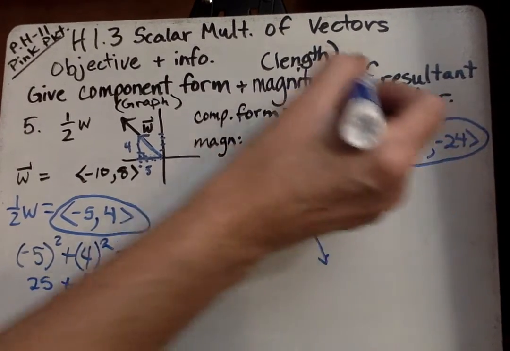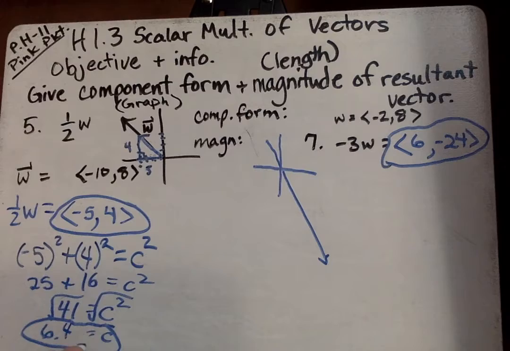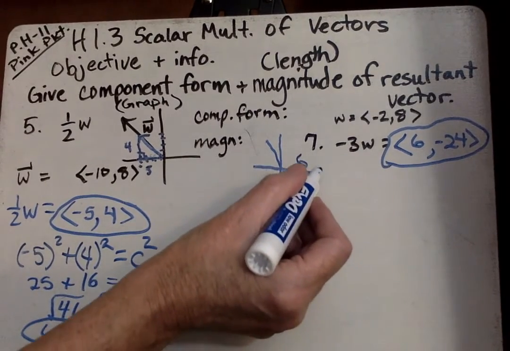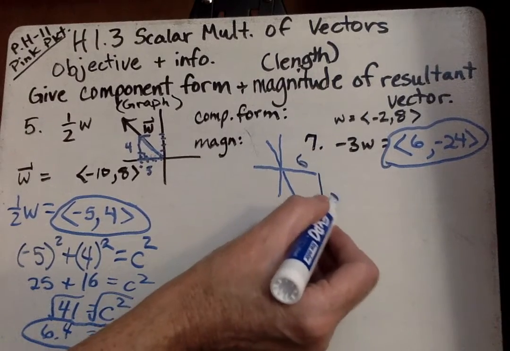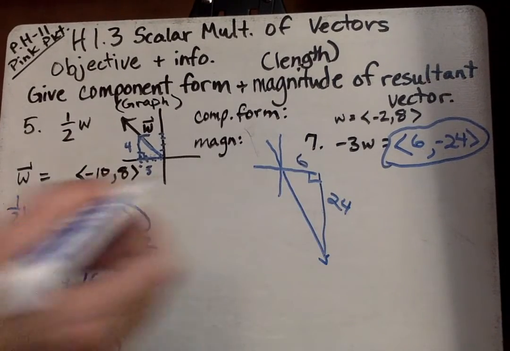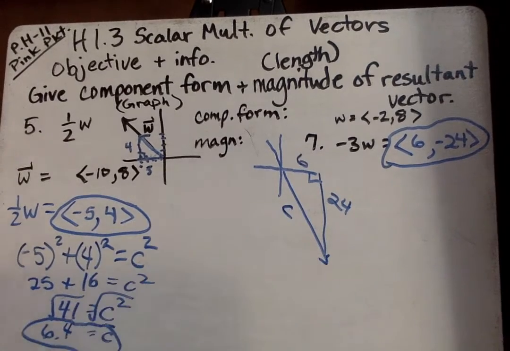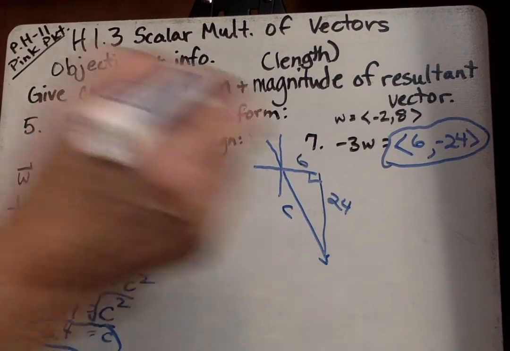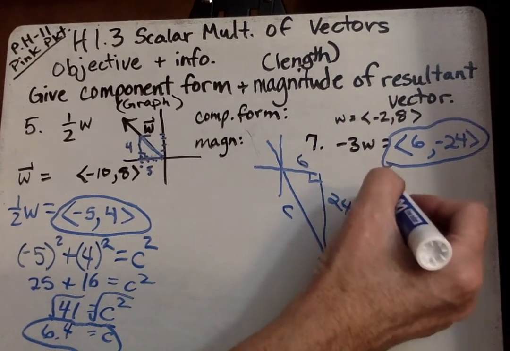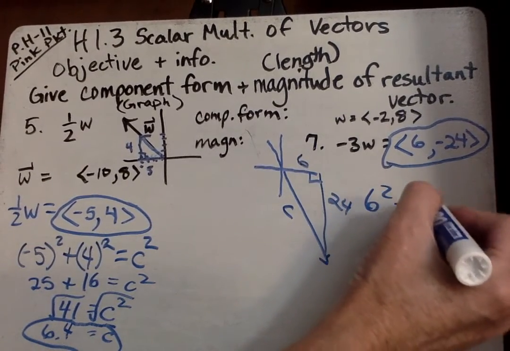Next, we're going to find out what the magnitude is. So we would say, okay, that's going to go over 6, and it's going to be down 24. So we're going to have to find out what this length right here is, and I'm going to put C. Then I go a squared plus b squared equals c squared. And A and B don't matter here as long as you put 6 on one and 24 on the other.